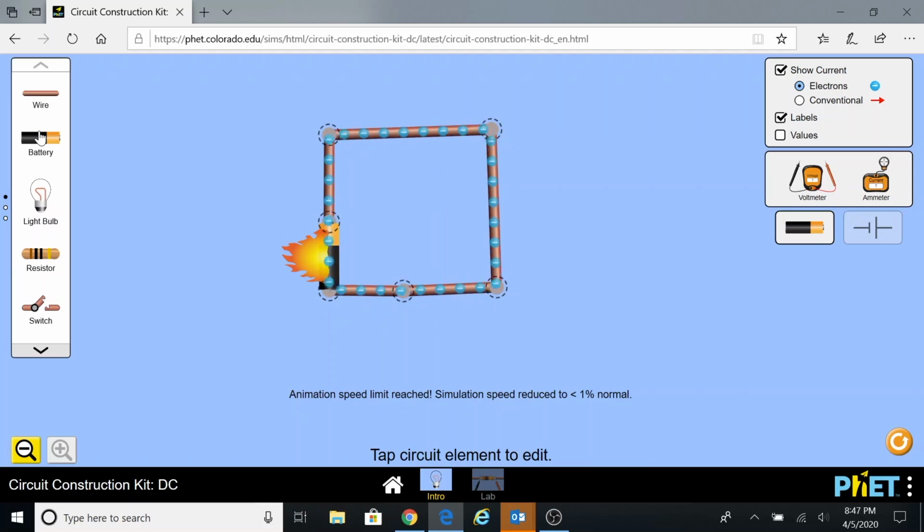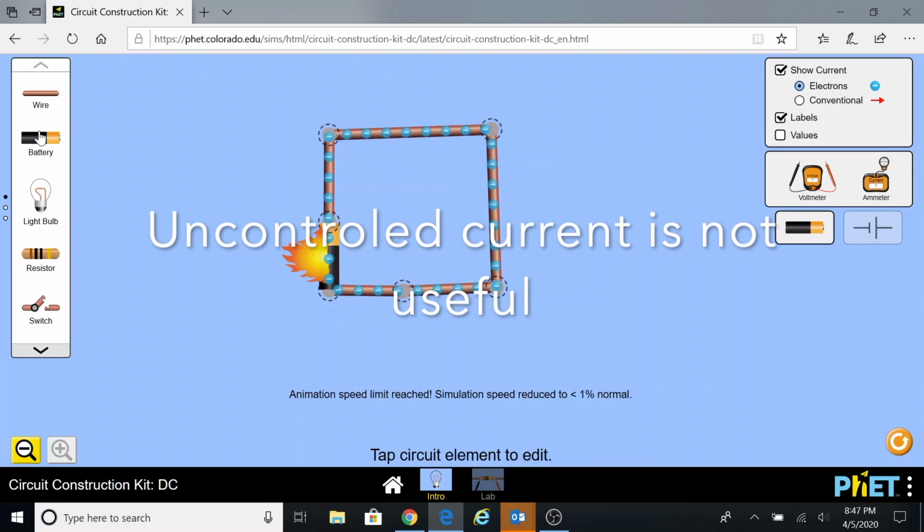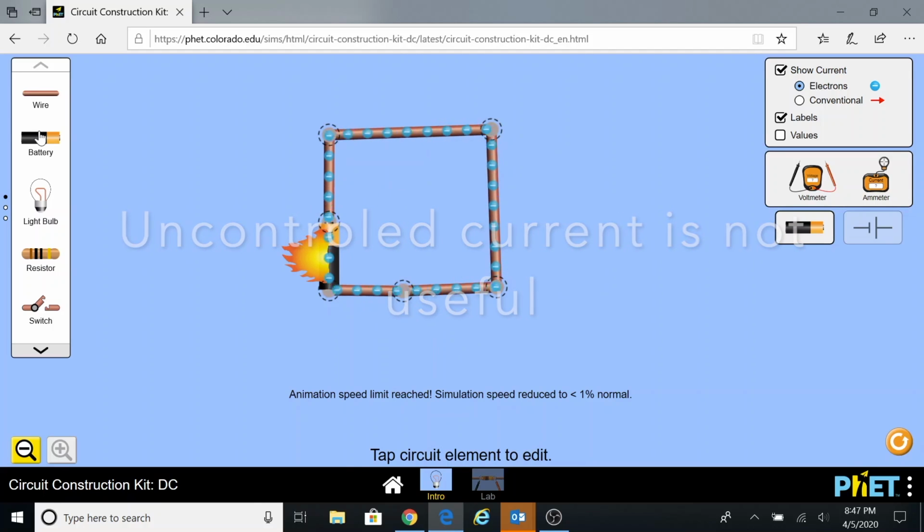In the same way, if you just let the electrons flow, they're just going to flow, and as you can see, it's just going to be a hot mess because there's nothing to control it. The way we typically control the flow of electrons is called a resistor.